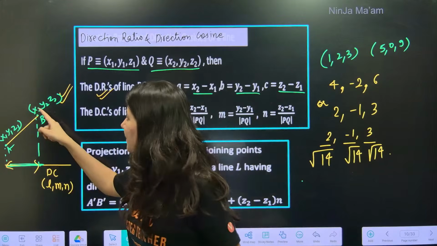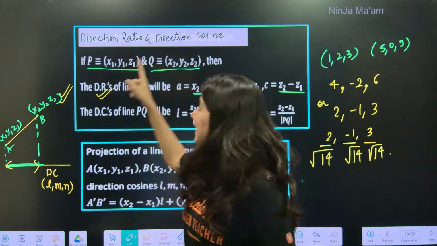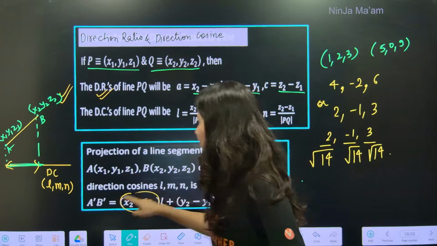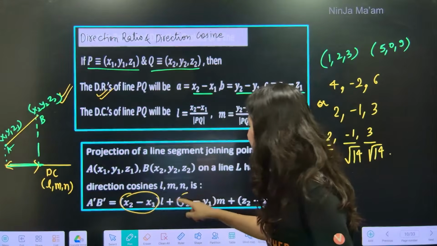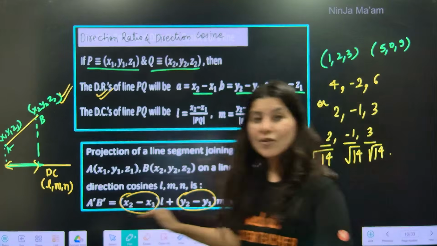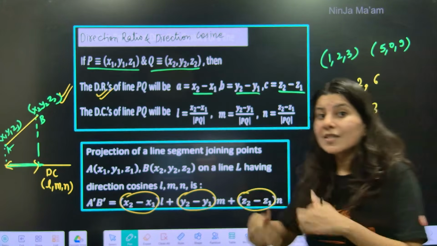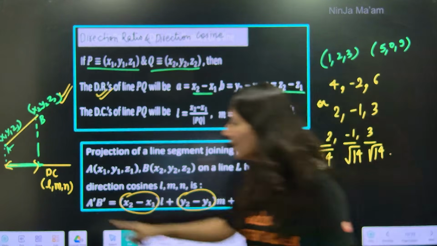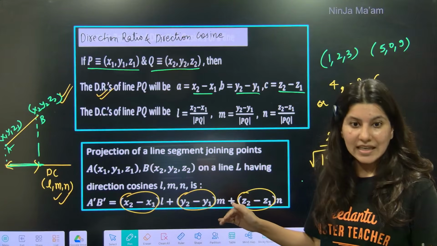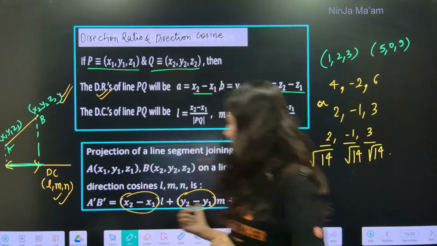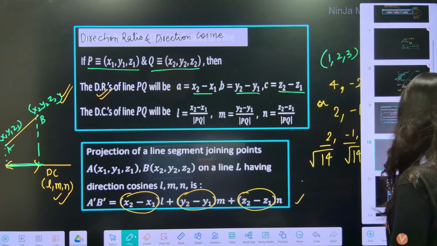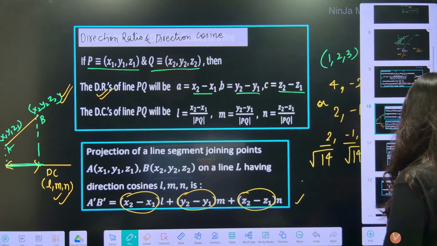All you have to do is figure out the DR: x2 minus x1 is DR, y2 minus y1 is DR. So the DR of the line segment will get respectively multiplied with the DC of the line and you will be good to go. Everybody okay? Yes? All right.